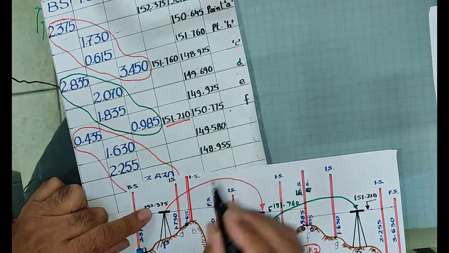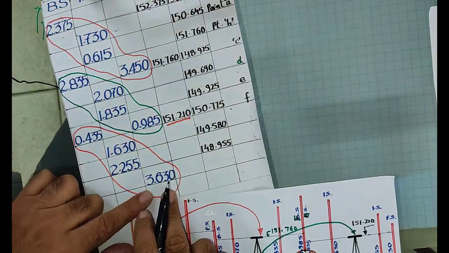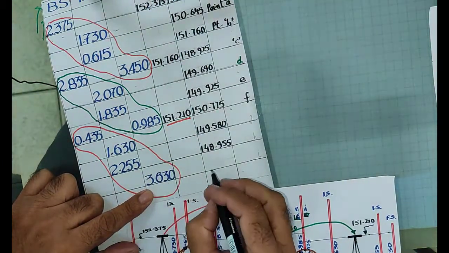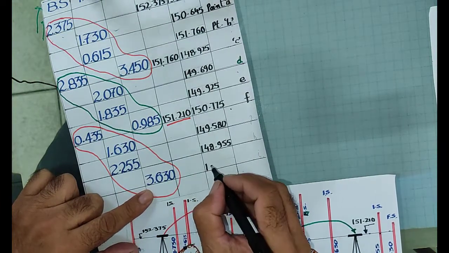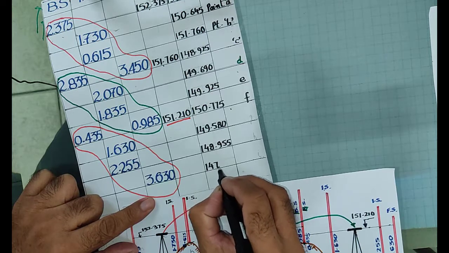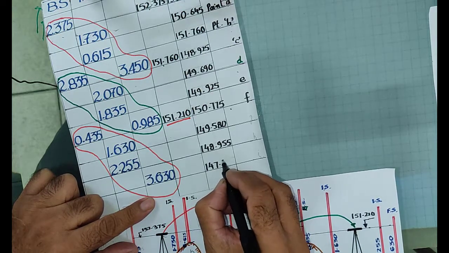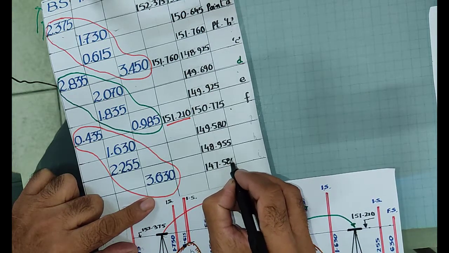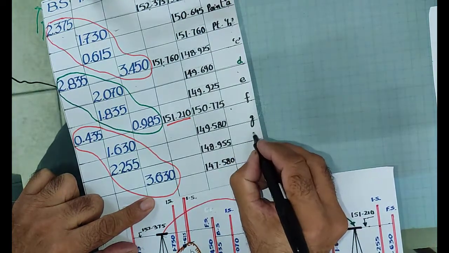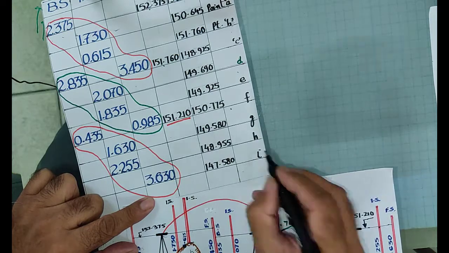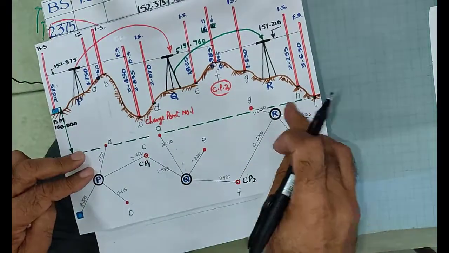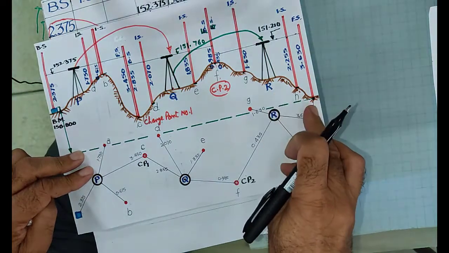And the last point is point I. From this height of instrument you deduct this value, and its value comes to be 147.580. So this is my point G, this is my point H, and this is my point I, as I have shown here.